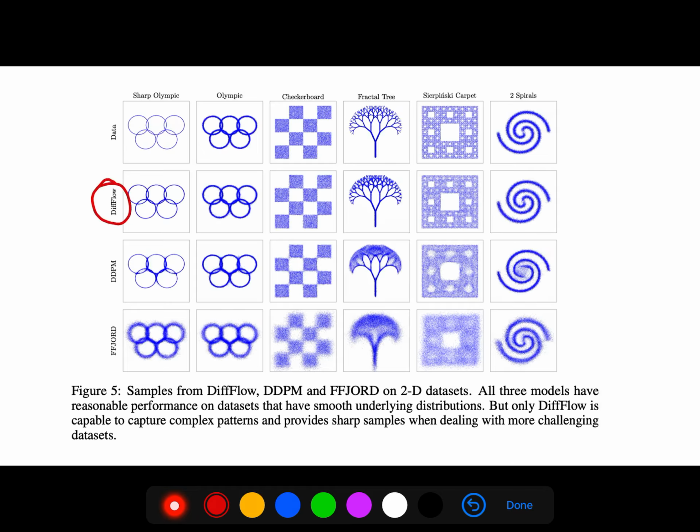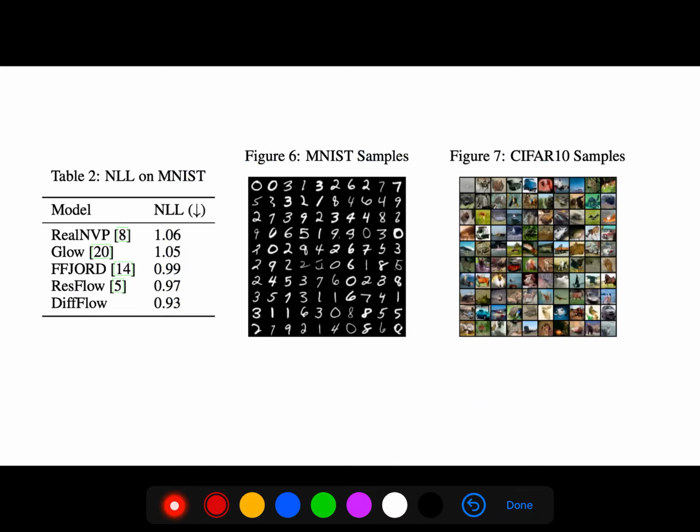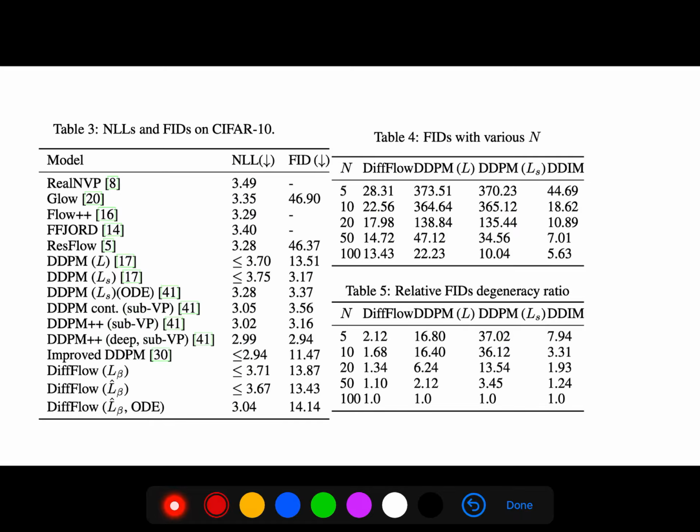You know, diff flow can capture complex patterns like this fractal tree or Sierpinski carpet. Also, they worked on CIFAR10 and MNIST, which are easier. And they compared, for example, diff flow with ODE to DDPM, which is classic.